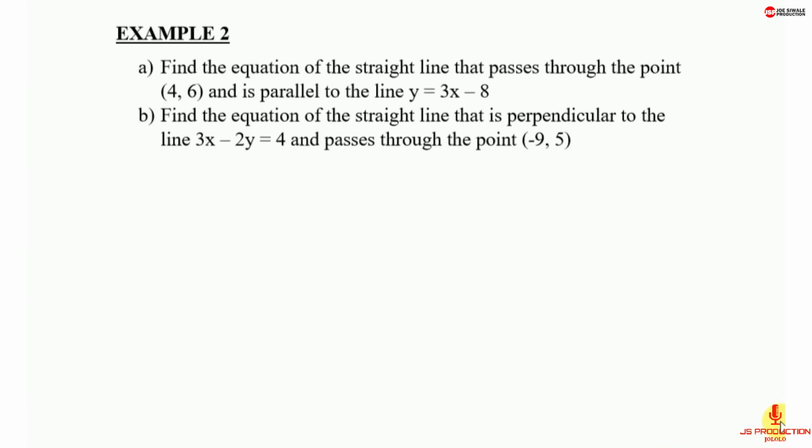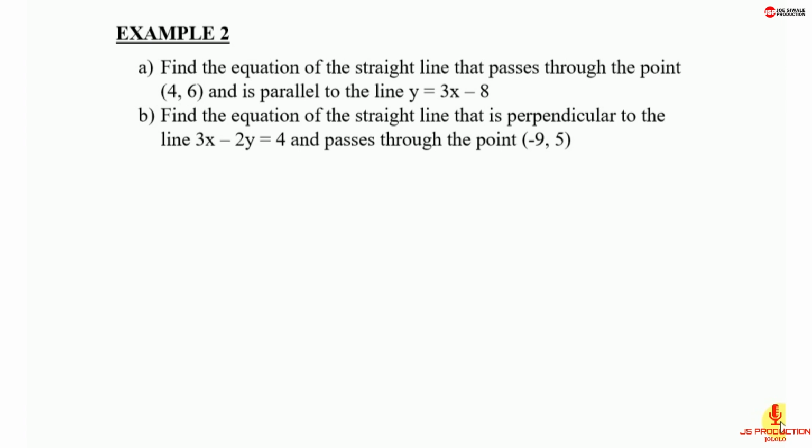Let us now look at example 2. Example 2a reads, find the equation of the straight line that passes through the point (4, 6) and is parallel to the line y is equal to 3x minus 8.